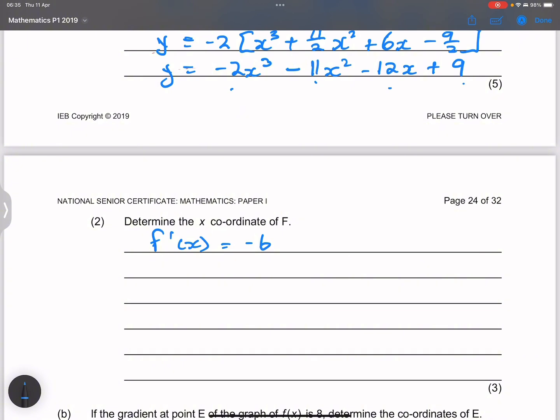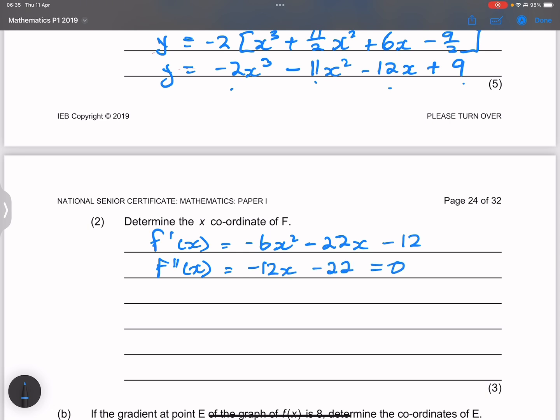So that would be minus 6x squared minus 22x minus 12. That's the derivative, right? So jump down and minus 1. Okay, and so for the double derivative and make it equal to 0, that would be minus 12x minus 22, and this is equal to 0.